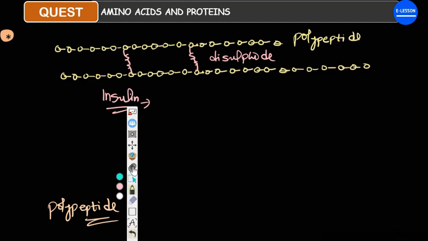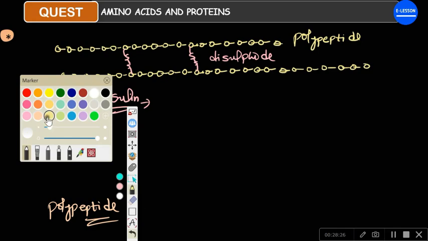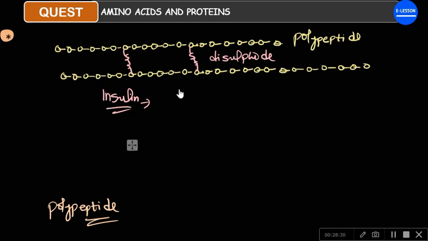Now, the amino acid sequence in the different kinds of polypeptide chains of a protein is specified by the gene. Are you getting it now? It's specified by the gene. The polypeptide chain in most cases is also called the primary structure of the protein.